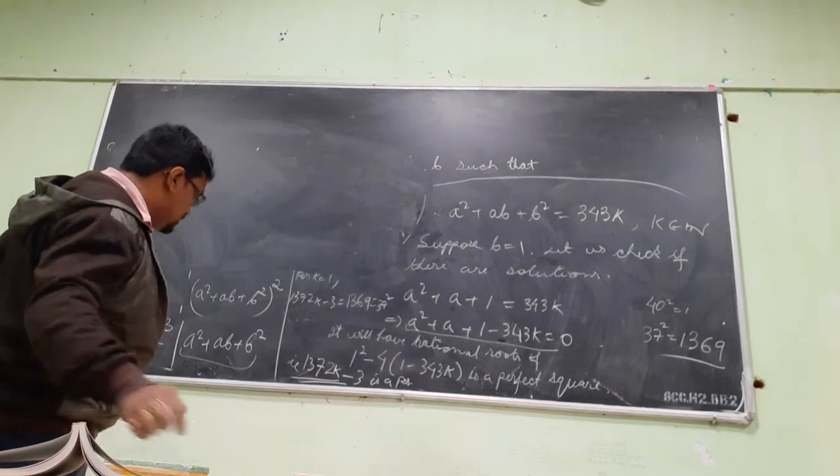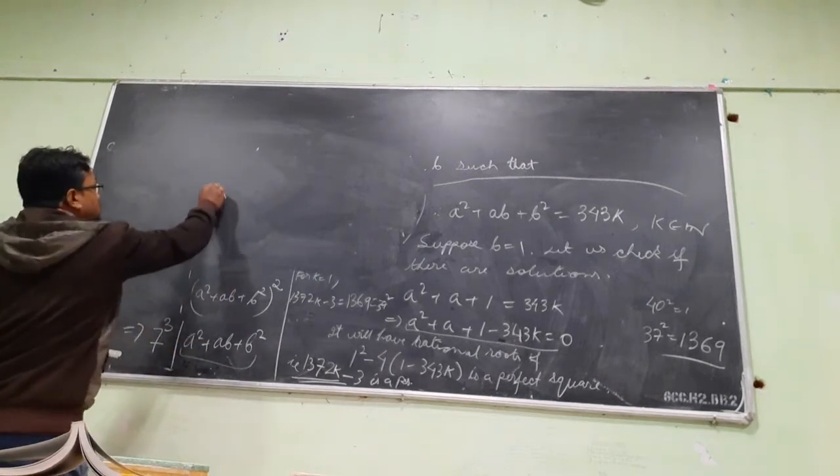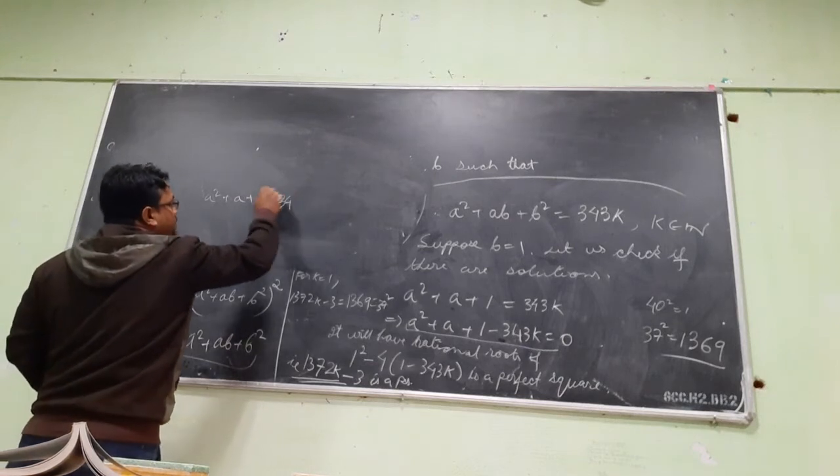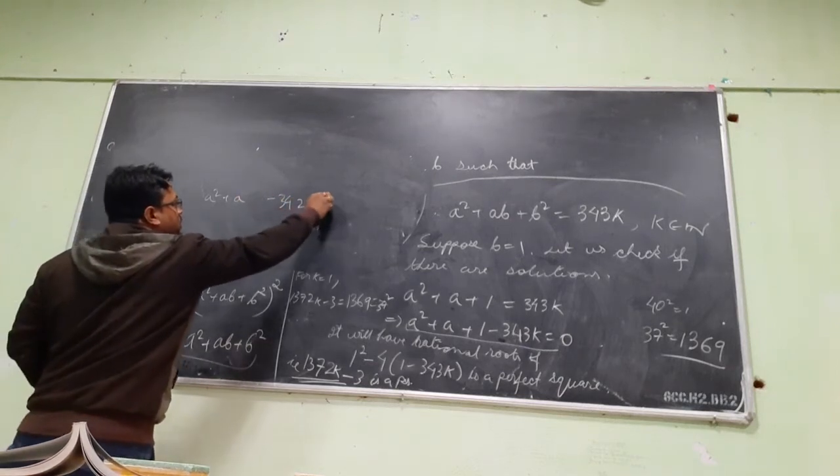So one solution is, we'll take a square plus a plus 1 minus 343. Okay, so ultimately it's minus 342 into 3.